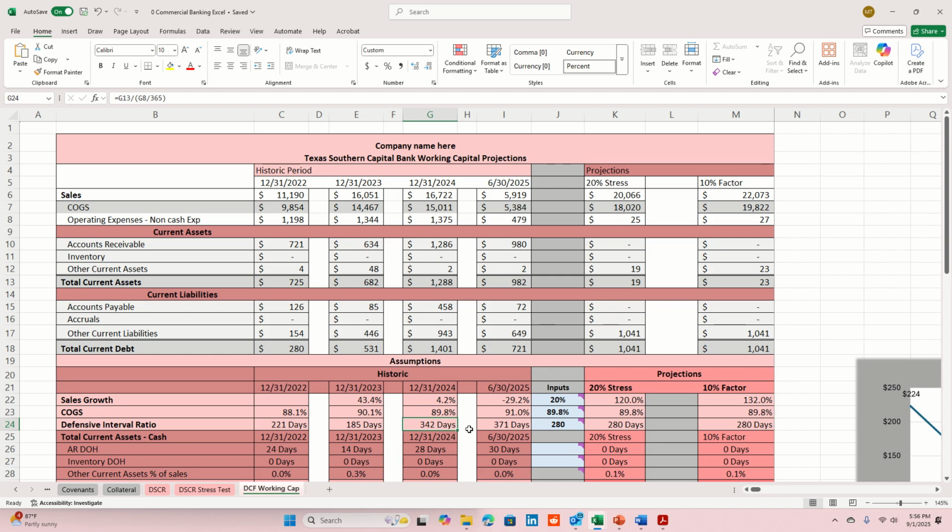So what this is telling us is that we have 280 days before we run out of current assets that can pay our employees.